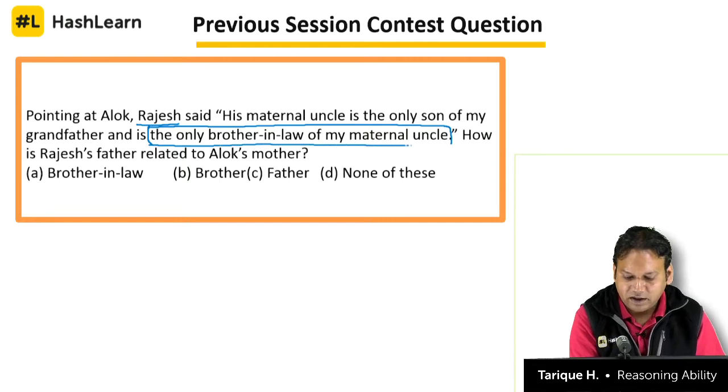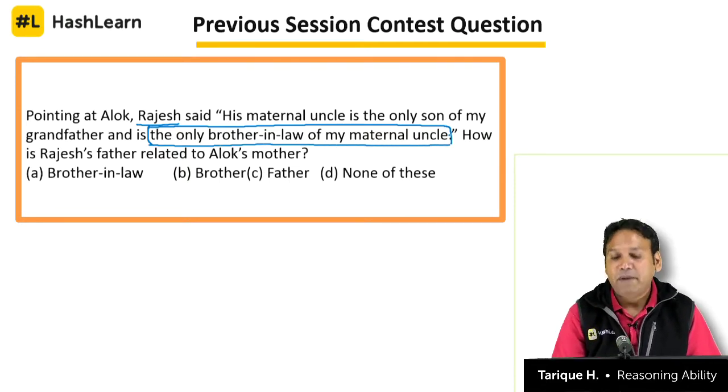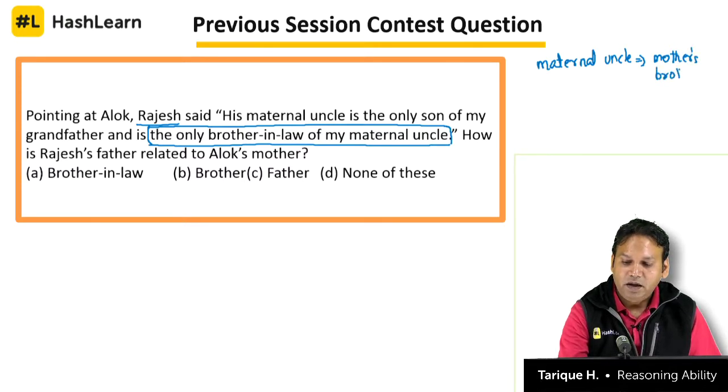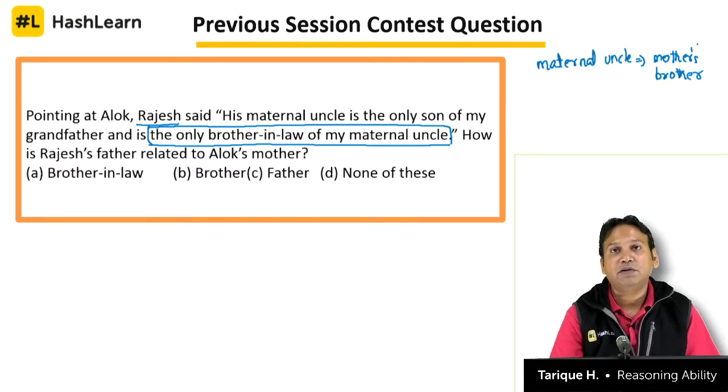Who is your maternal uncle? What is the meaning of maternal uncle? Maternal uncle means mother's brother. Maternal uncle is no one but your mother's brother, and your mother's brother, his brother-in-law is your father.